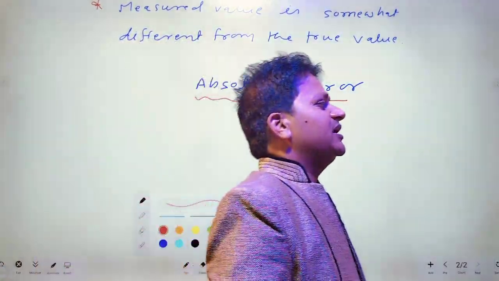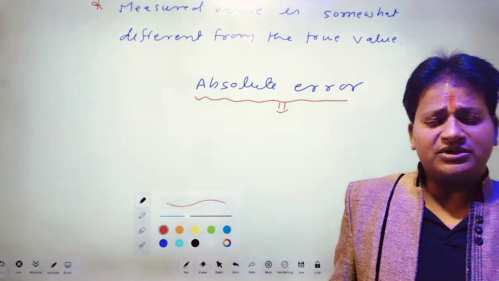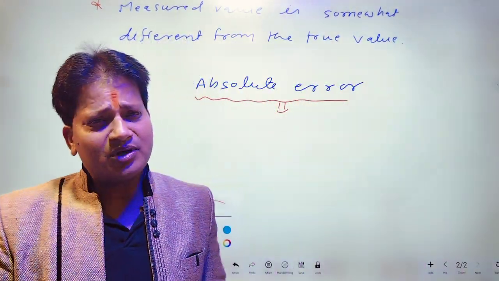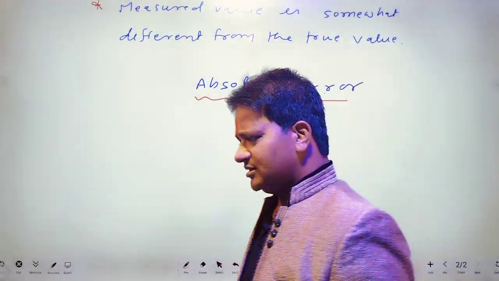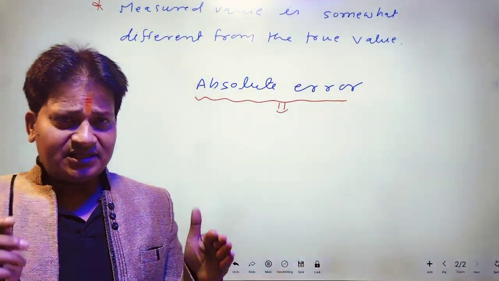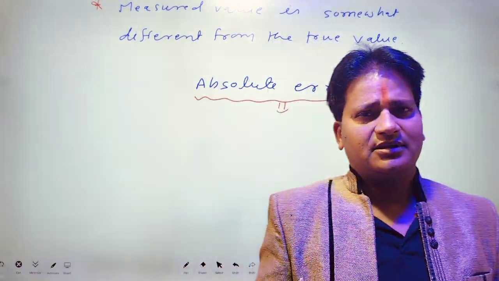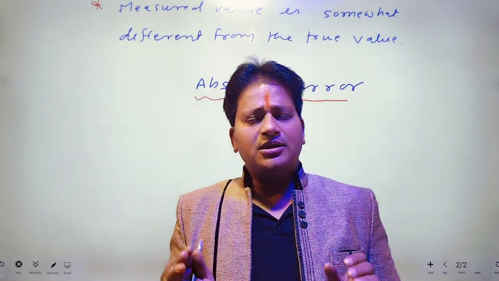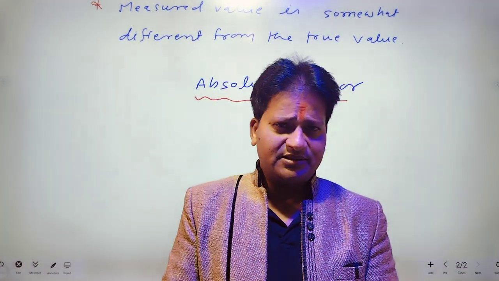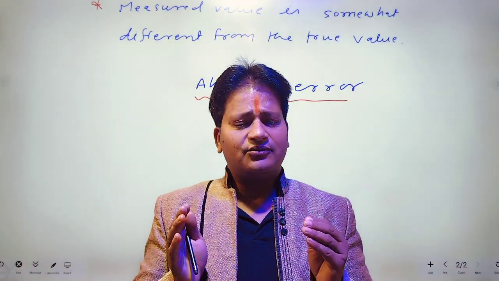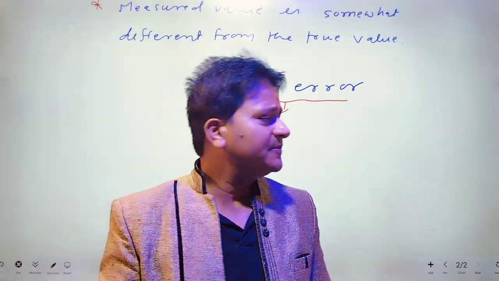If you perform an experiment, you take a number of readings, minimum 8 to 10 readings, to minimize error. If you take a greater number of readings, then error will be minimum.